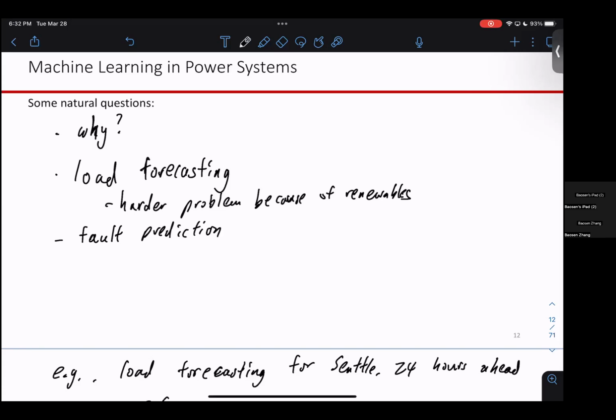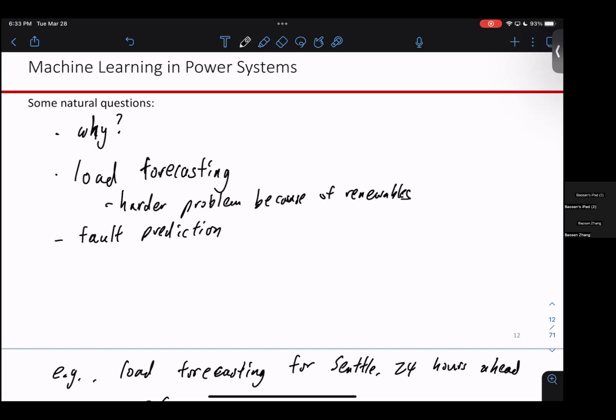Right? So if we have a power system, the power system has faults all the time. Like some line gets disconnected all the time. The question is, can you predict this? So right now, if you have a power outage, basically you lose a line, then you figure that out afterwards. People will call the utility saying, I have no power. Then you figure out where the line is and try to do something.